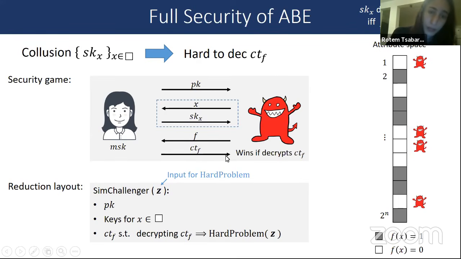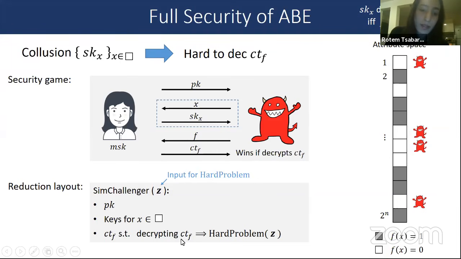So we get F, and then we need to provide the adversary with the challenge ciphertext. And the thing that should be hard for the adversary in the game is to distinguish whether this is an encryption of 0 or 1. So we have to use the capability of the adversary to do this, to distinguish between those two cases.